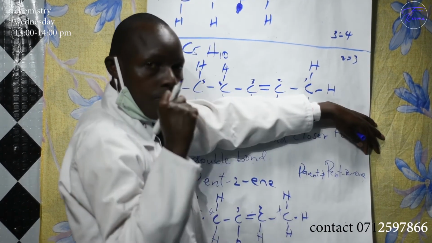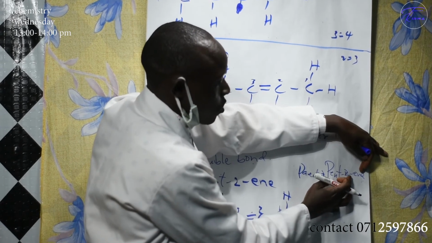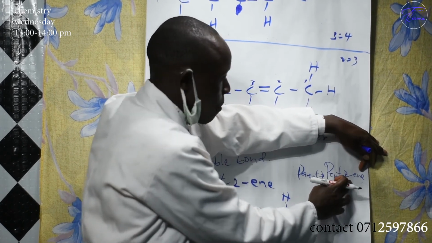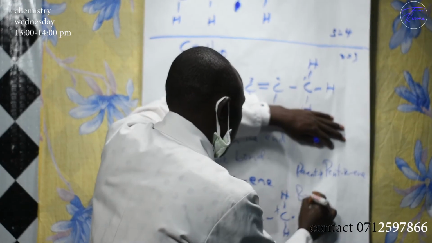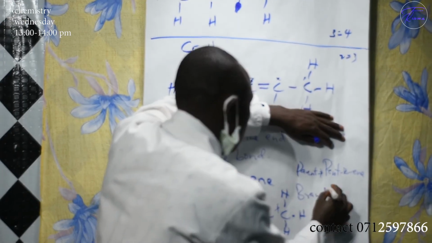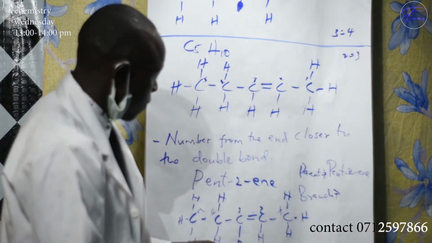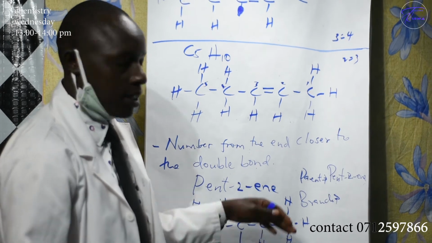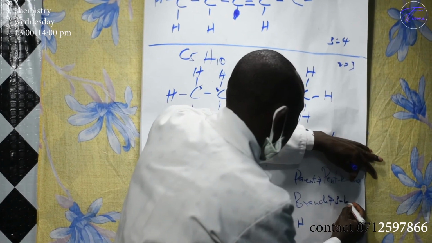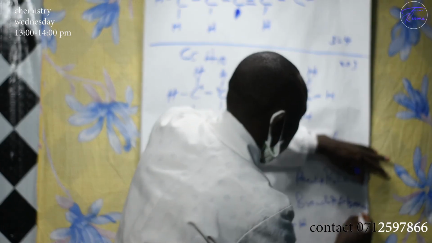Pent because of 5 carbon atoms, 2 because of the double bond at carbon number 2. And then you have the branch. At carbon number 3, you have a bromine branch. So you say 3-bromo.